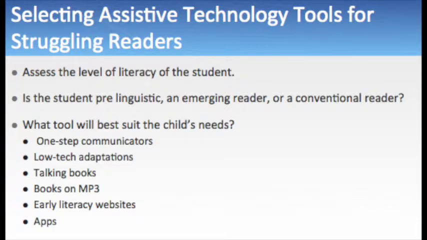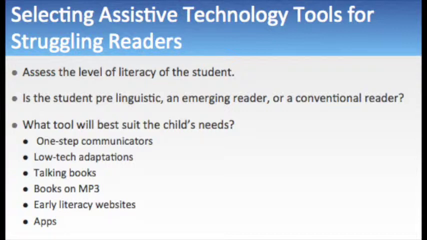For example, an emerging reader will browse books. They will respond to questions. They will also listen to read-alouds. Once all of these factors are considered, the IEP team will need to decide what kind of assistive technology they will deploy.